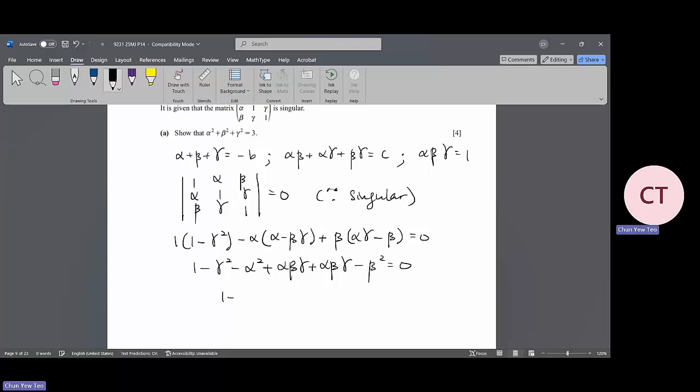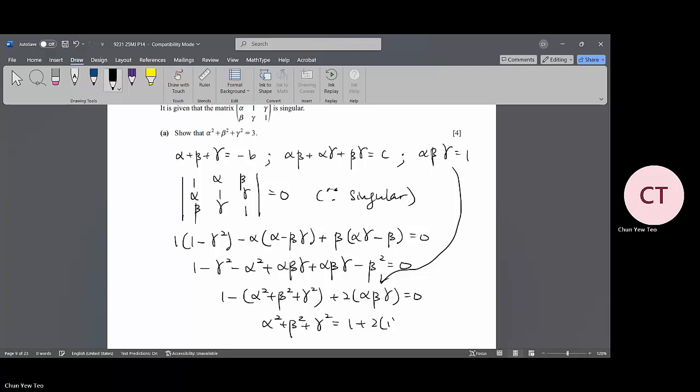So you rearrange them, 1 minus the alpha square plus beta square plus gamma square plus 2 of the alpha beta gamma equal to 0. So your alpha square plus beta square plus gamma square is equal to 1 plus 2. This one is 1. So that is equal to 3. Shown. Done for part A.